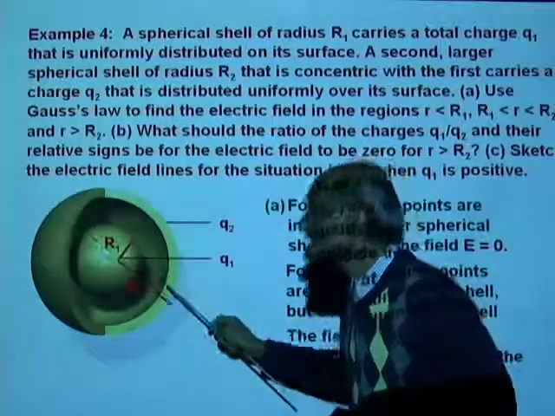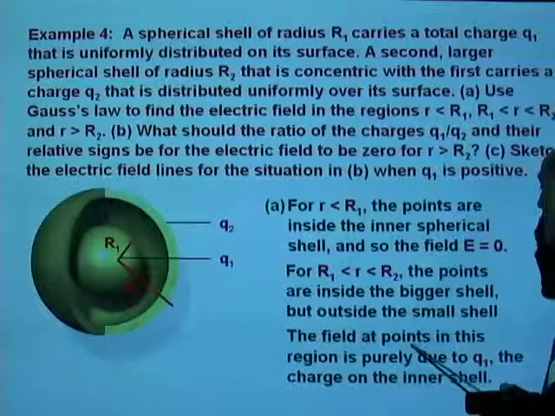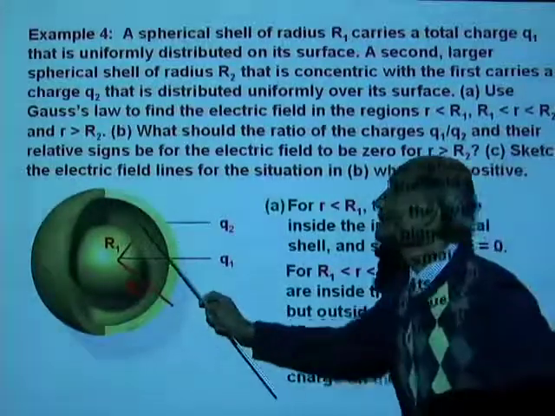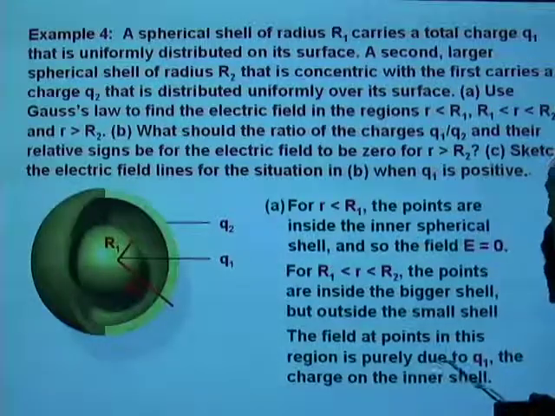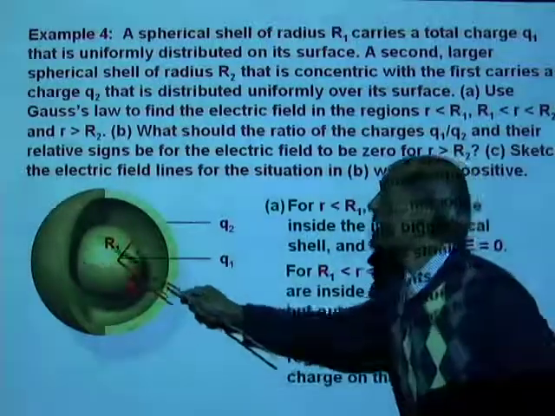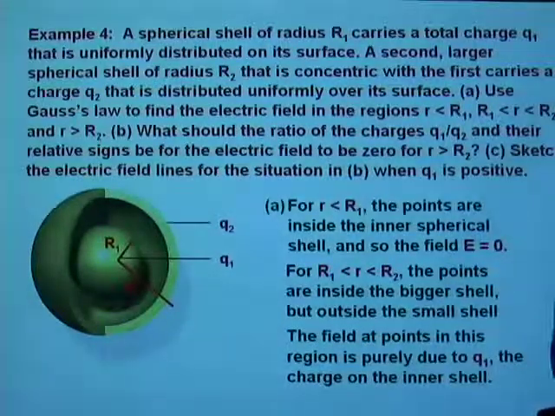But the inner shell will contribute. The field at points in the region between the two shells is purely due to the charge carried by the inner shell, which is Q1, the charge on the inner shell.